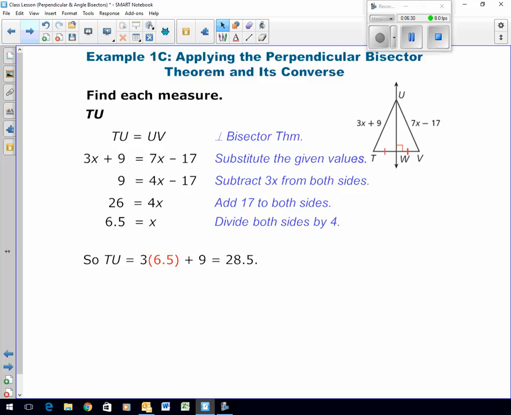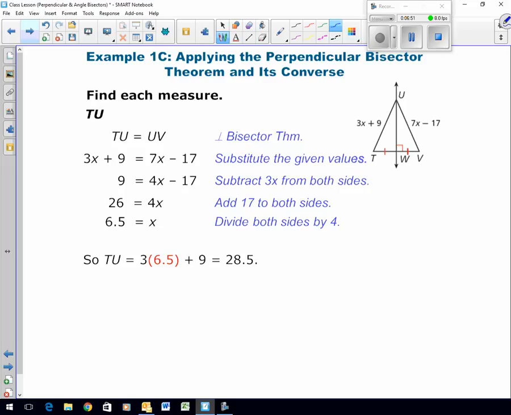All right, let's try another one. I've got TWB, UW. Notice TW is congruent to BW and a 90-degree angle is formed. That is a perpendicular bisector.